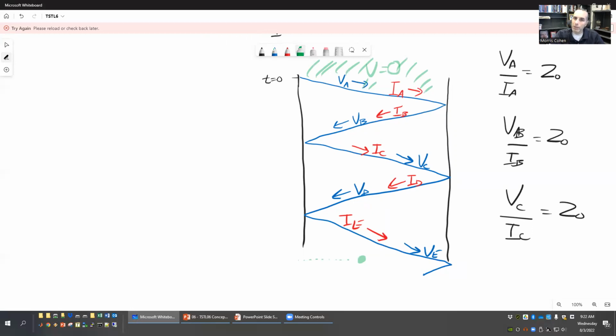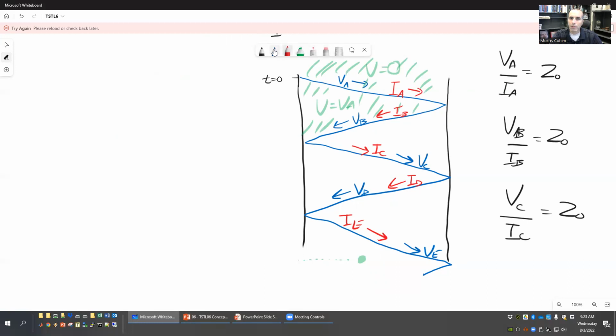So everywhere within this triangle right here has a voltage of V equals VA, because that VA wave has swept by and elevated everything.